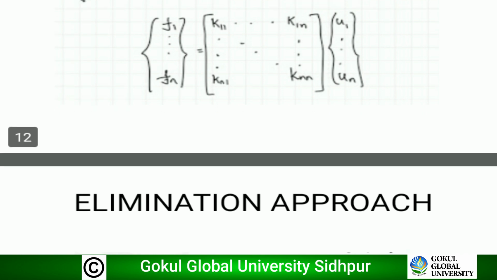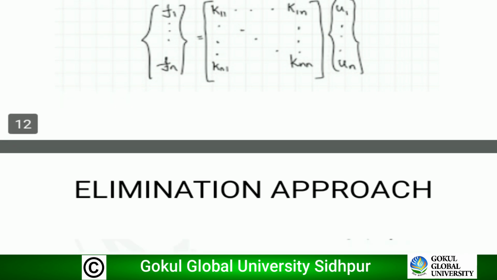So the elimination approach is an easy method. First of all, you have to write all the given data on one page. Then you also divide all your elements into a finite number of elements, that is, the actual model into the FEM model.